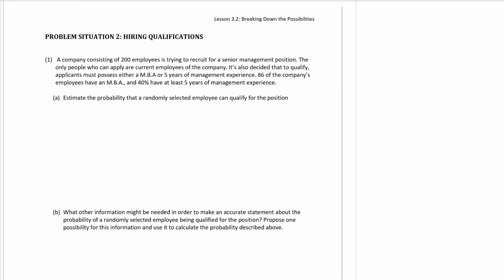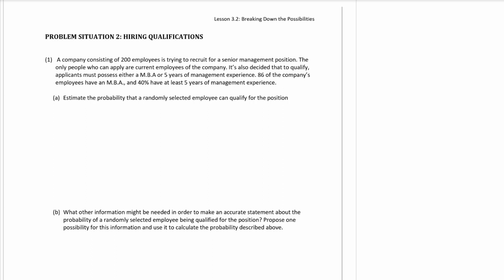Okay, a company consisting of 200 employees is trying to recruit for a senior management position. The only people who can apply are current employees of the company.